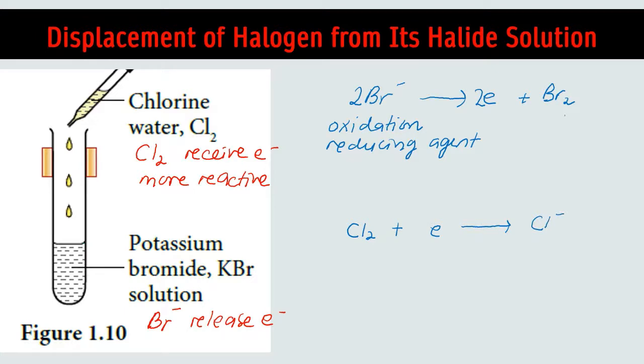To balance the equation, we will produce 2 chloride ions, while chlorine molecule will receive 2 electrons. Chlorine molecule undergoes reduction. Chlorine molecule is said to be an oxidizing agent.